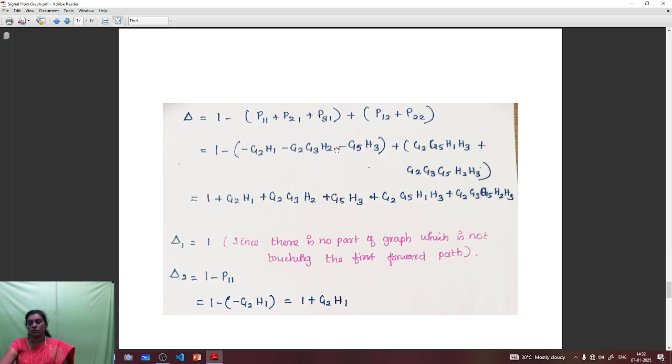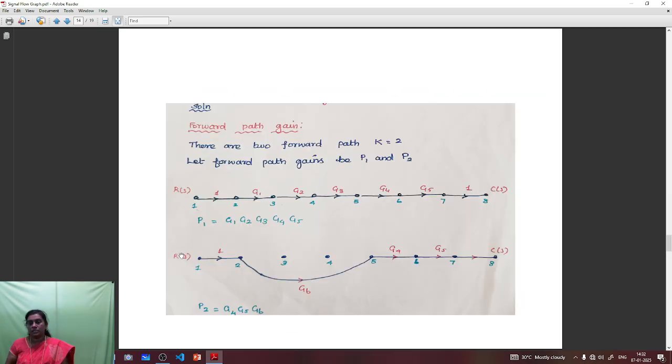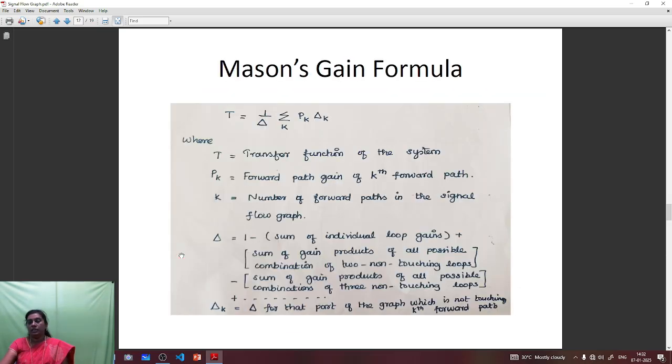So you have to substitute all the values, multiply and add, and you will get this value, and you have to find the del k. So del k is nothing but, you have already seen what del k is: del for that part of the graph which is not touching the kth path. So only one is available.